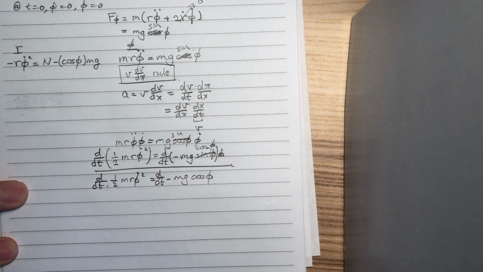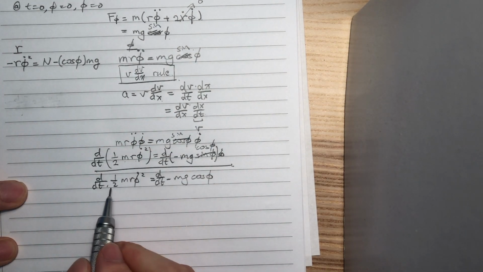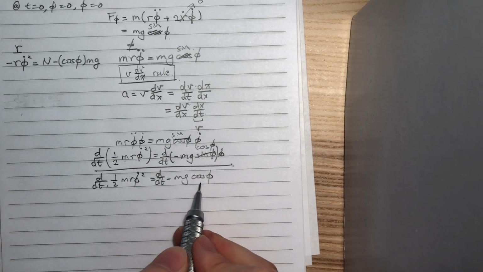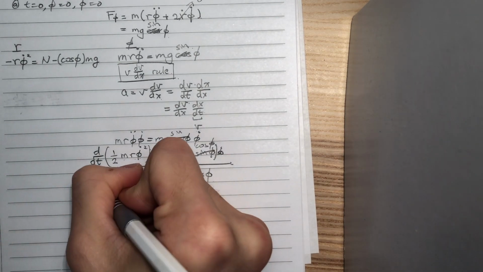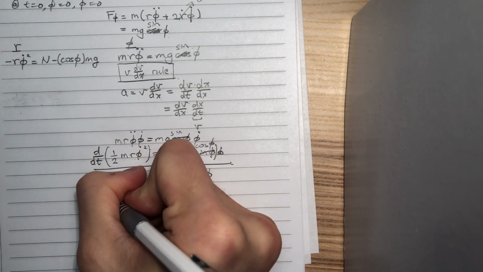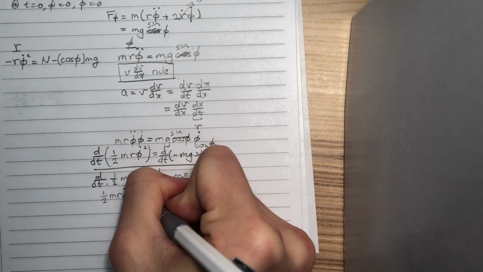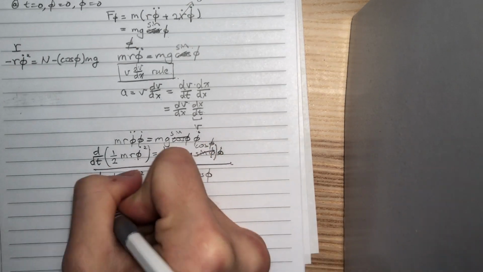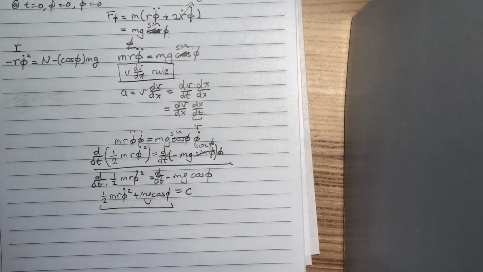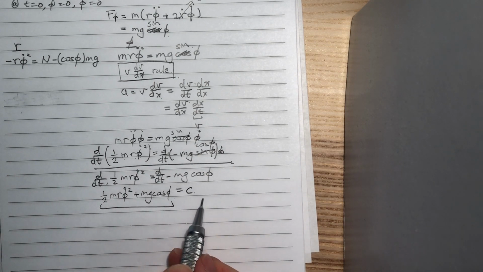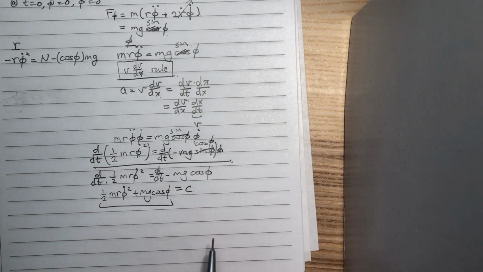I apologize for that. Now we can move the right hand side to the left hand side, and this would equal 0. So this term equals some constant, because the derivative of this term equals 0, so this term must be a constant.